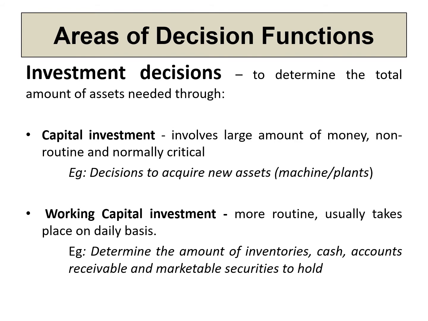For example, the decision to acquire new assets such as machines and plants. Working capital investment is more routine and usually takes place on a daily basis. For example, in determining the amount of inventories, cash, accounts receivable, and marketable securities to hold.